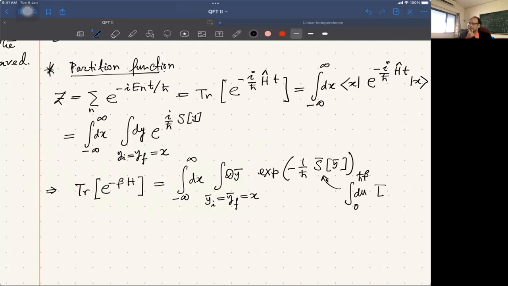So what I have done is, the initial u i I have taken to be 0, and u f is given by a scaling such that it becomes h bar beta. So basically u f minus u i is h bar beta, and then I have chosen specific values of u f and u i.